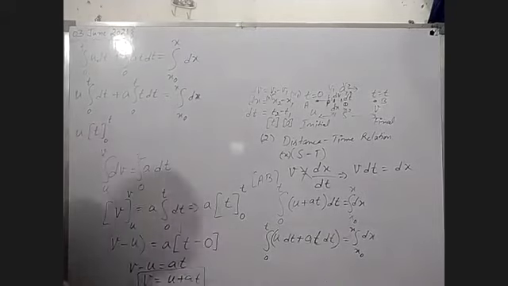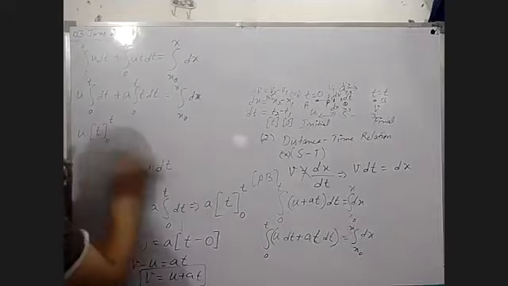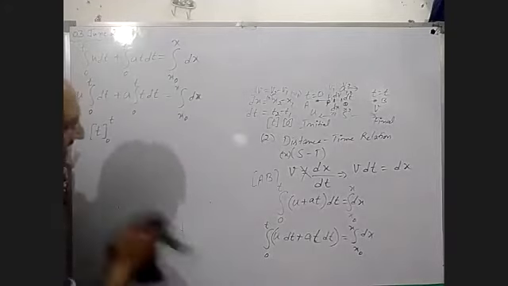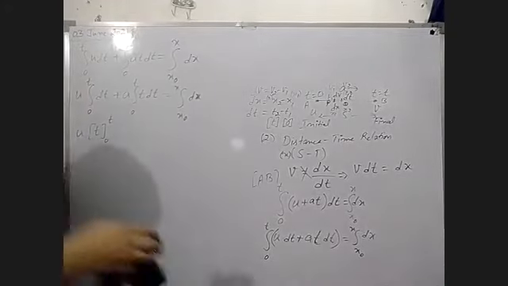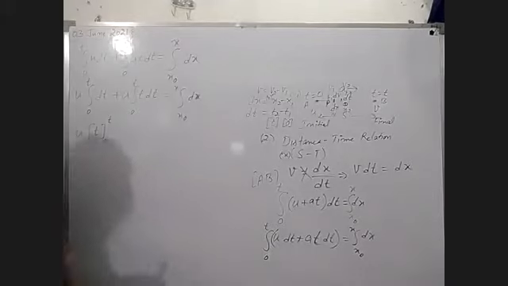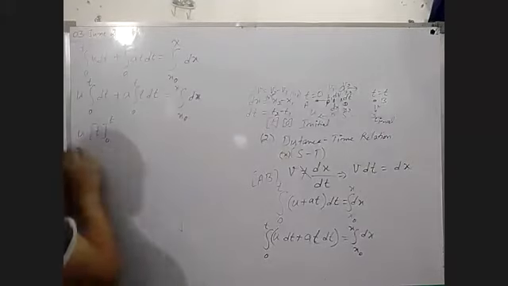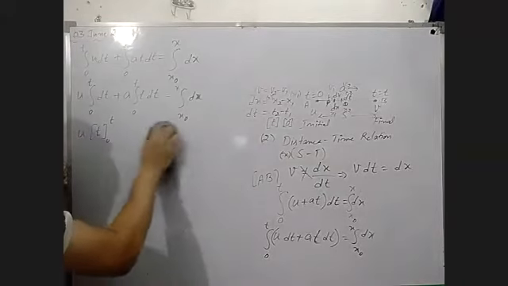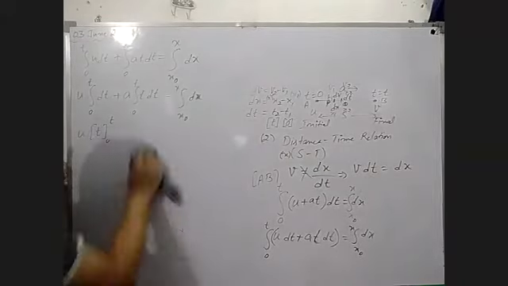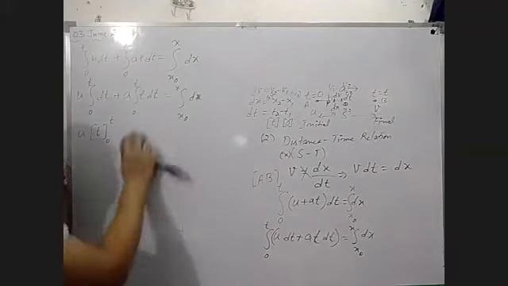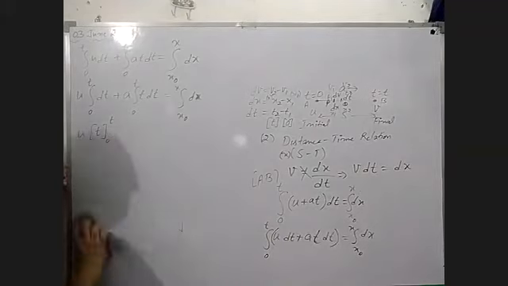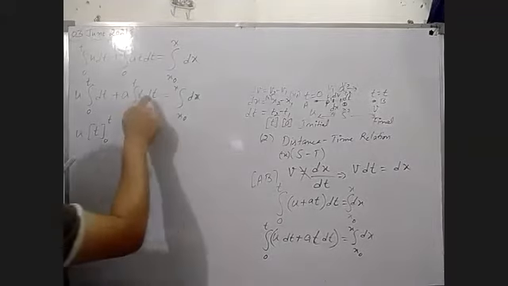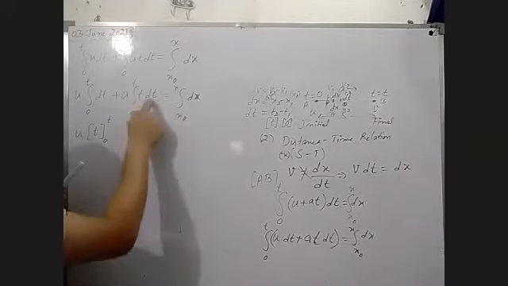And what will be the next step? a t dt integration. In this, you have to integrate only the t portion, not dt, because dt tells us the respect. If nothing is there, then you take the integration of dt as only t.